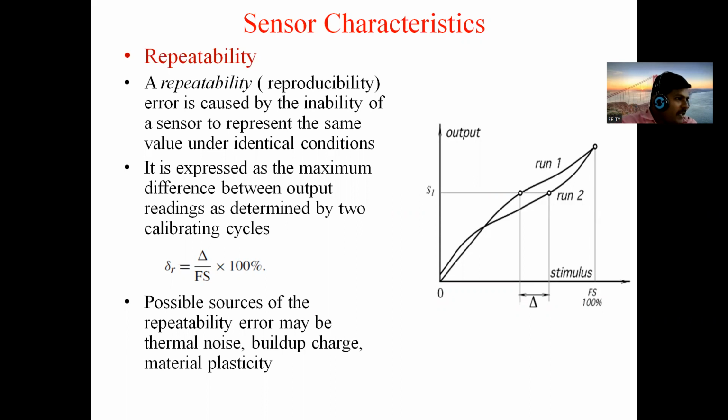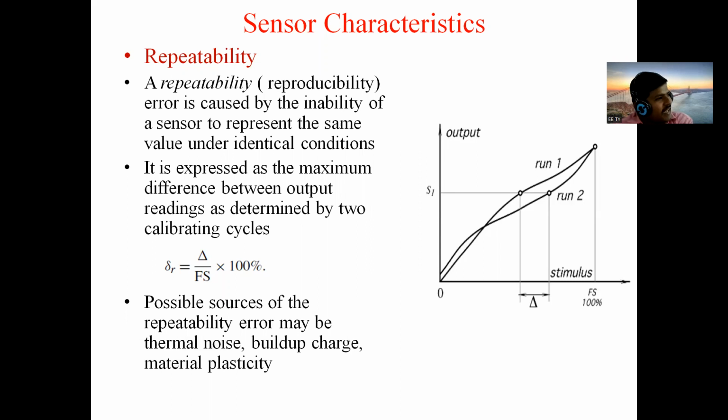What is repeatability? That means under the ideal condition, the output obtained from the sensor is repeated or reproduced. Reproduced is nothing but the same value being produced again.